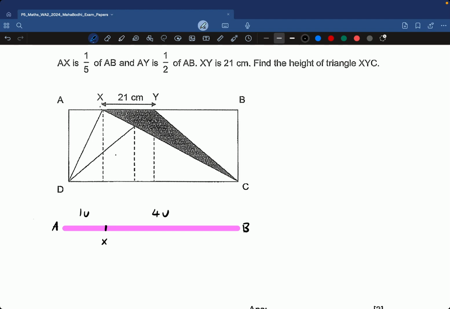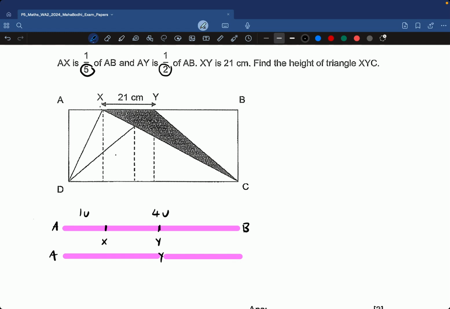Now the next part is the next statement. AY is half of AB. So there is AY over here. So this is Y. Okay, so AY over here is half of AB, right? Something like this. Okay, so it's literally half. So what this means is that if you want to know what is AY, then we have to make the denominator divisible by 2.